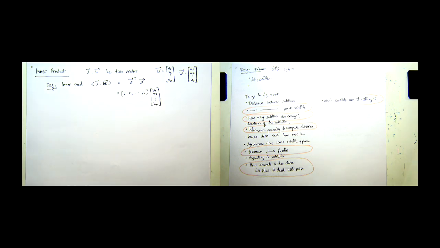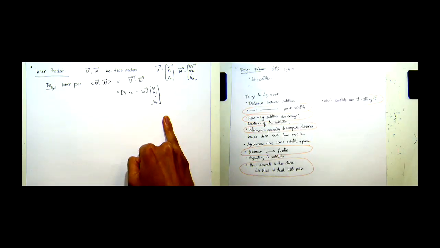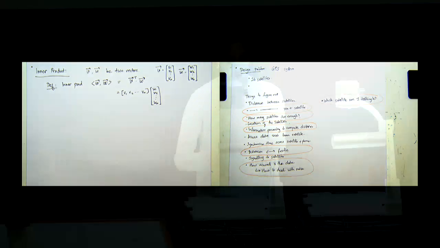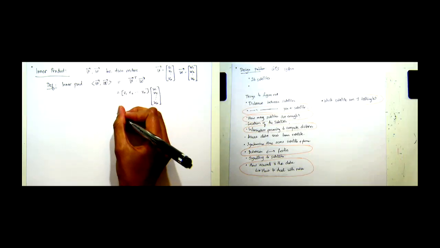And now this is something we've seen before, right? This is basically a 1 by n matrix times an n by 1 matrix, so we can use the exact same rules of matrix multiplication to do this multiplication out. What is the dimension of the thing we're going to get out? 1 by 1, right? We're going to get out basically a scalar.